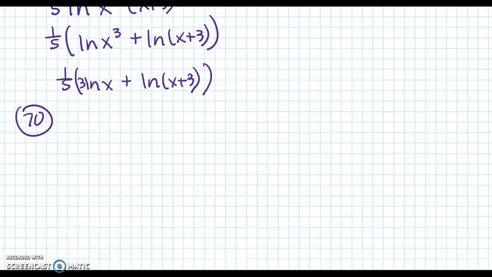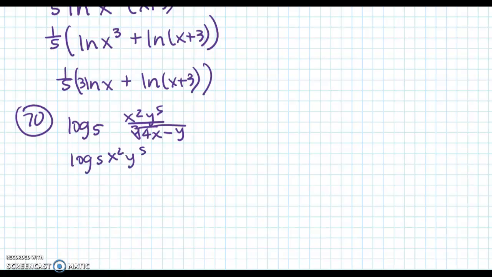Now we're doing 70. 70 is another expanding problem. The log base 5 of x squared y to the 5th over the cubed root of 4x minus y. So breaking it apart, and then you can break this one apart further.